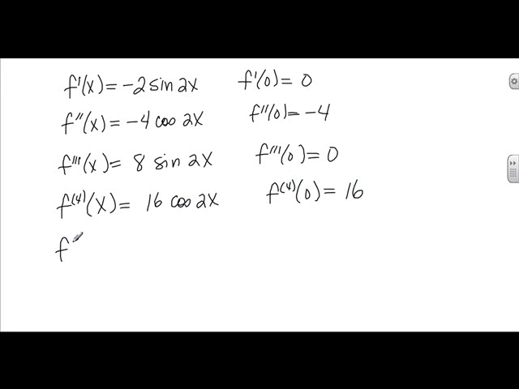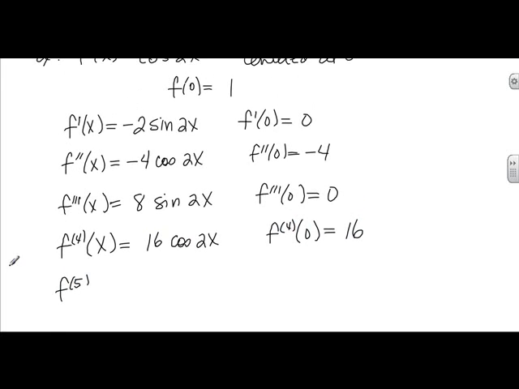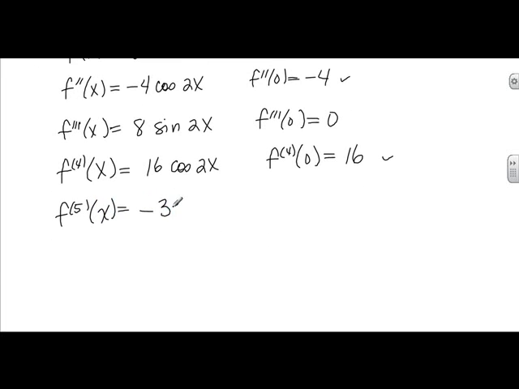Fifth derivative. Okay, so wait, I've got 1, 2, 3 terms that are going to have non-zero coefficients. So I need one more non-zero term. So fifth derivative is negative 32 sine of 2x.